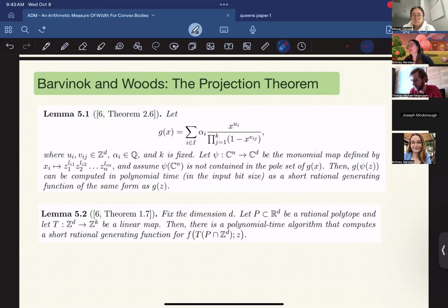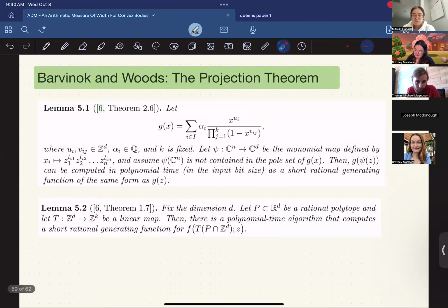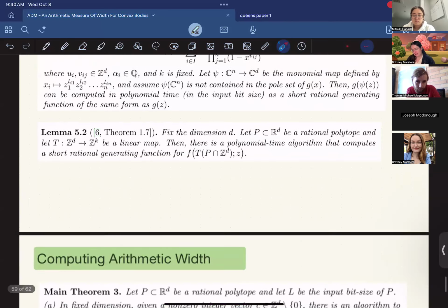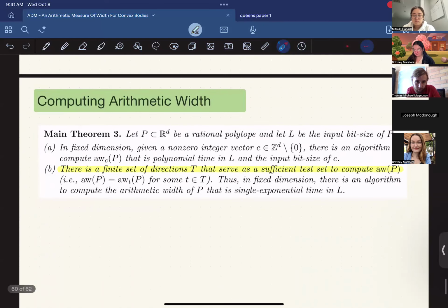And really, when you're taking your arithmetic range, that's what you're doing, right? You're just taking a fixed projection with codimension 1. Okay? And so this is going to let us, at least in fixed dimension, have a polynomial time expression to compute the arithmetic width in a fixed direction. Okay?